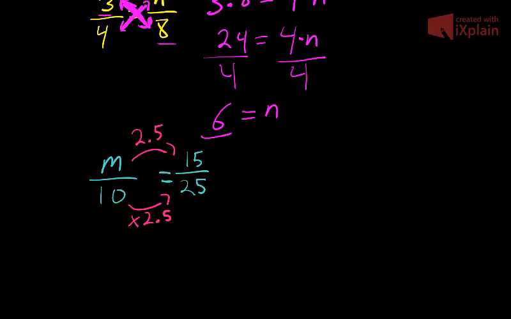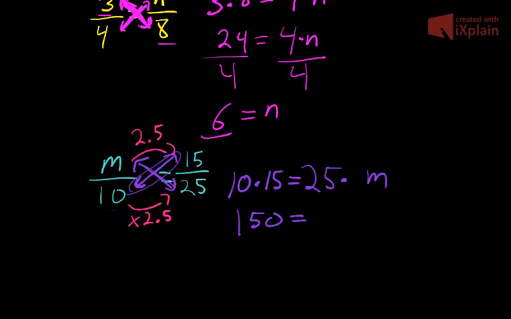So we're going to try our cross product method. I'm going to start by drawing the X in the middle. This is the cross part of the cross product. And then we're going to pick an arrow. I'm going to use this one right here, which is 10 times 15. 10 times 15 has to be equal to 25 times m. 10 times 15 is 150 equals 25 times m.